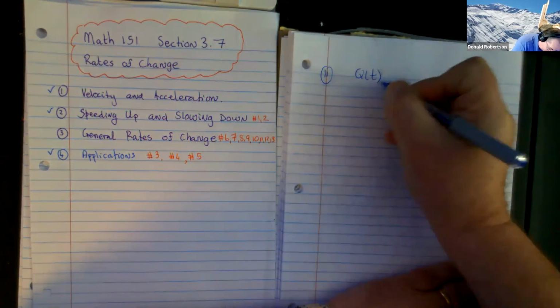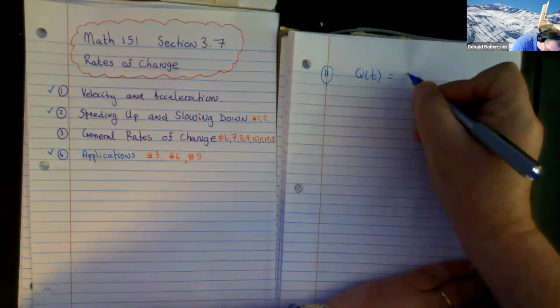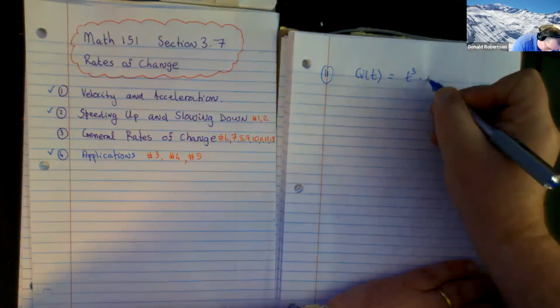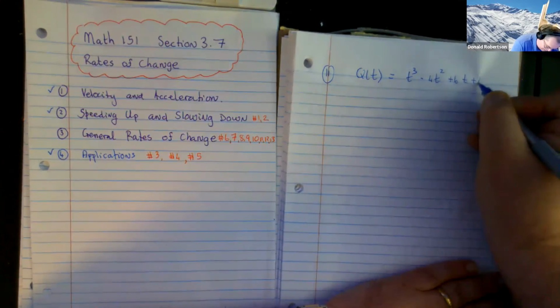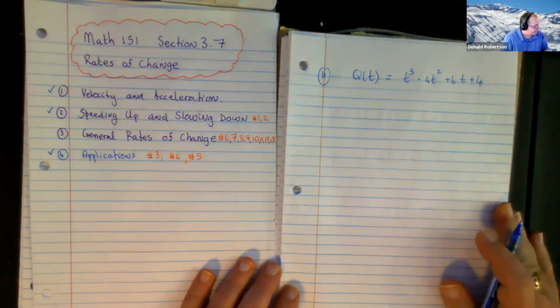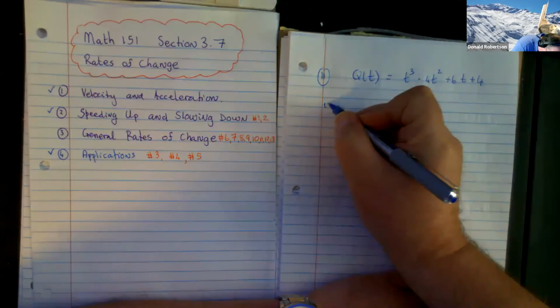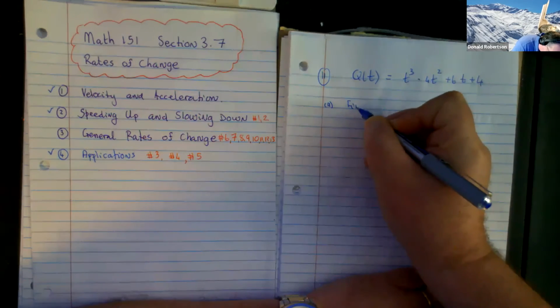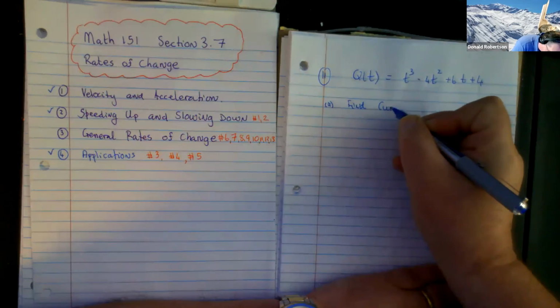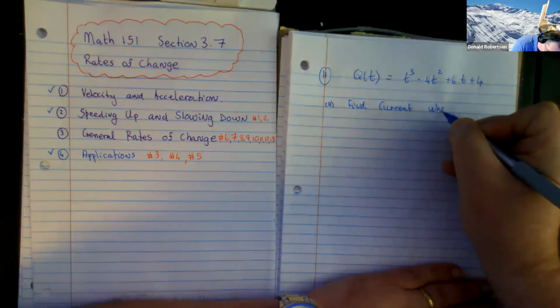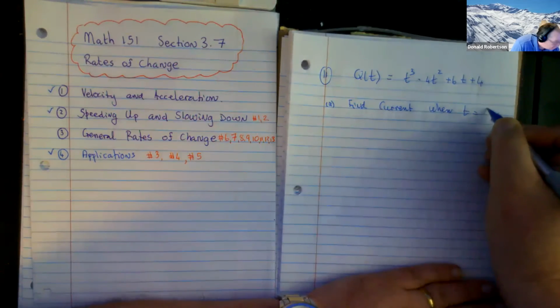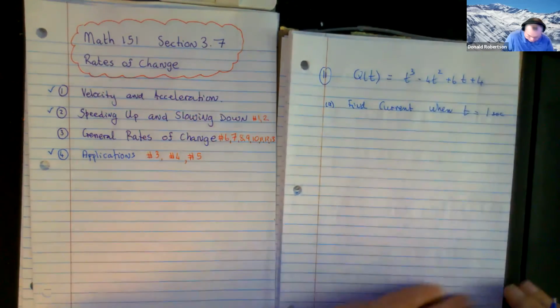The formula for the amount of charge in this particular circuit is given by that. And they ask you to find the current when t equals 1 second.